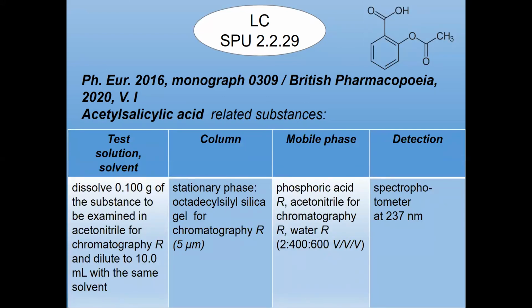Test solution: acetonitrile for chromatography. Column: octadecylsilyl silica gel. Mobile phase: phosphoric acid, acetonitrile for chromatography, water. Detection: spectrophotometer at 237 nanometers.